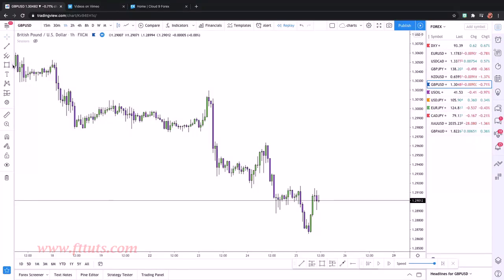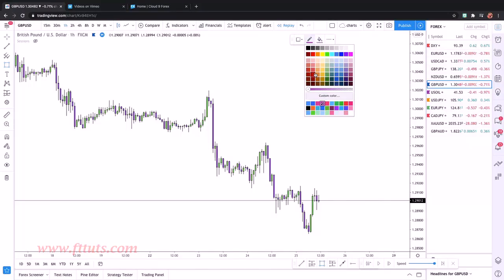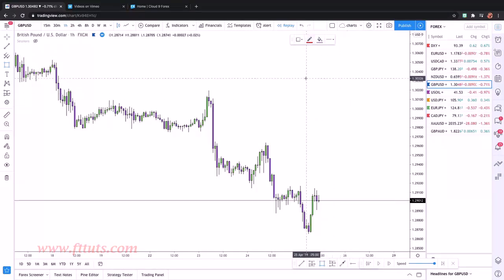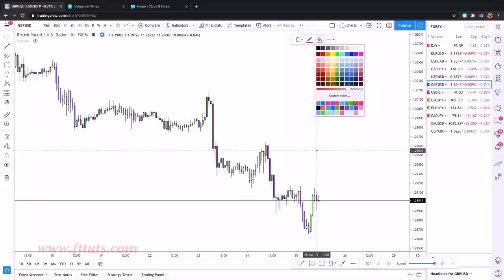Here, we'll highlight these in different boxes, with a better color than that. That's good. For this, we are going to highlight the days.